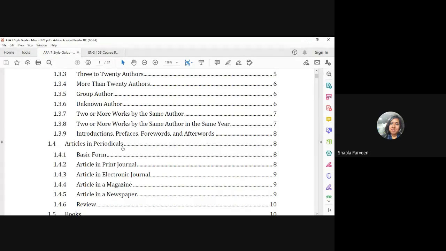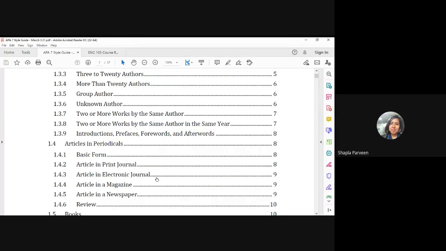But articles in periodicals: basic form, articles in printed journal, articles in electronic journal, that means the online one. Now, for your research paper, you will be borrowing information from online journals or magazines or online books, because if you go to the library, of course, you could borrow from printed ones.